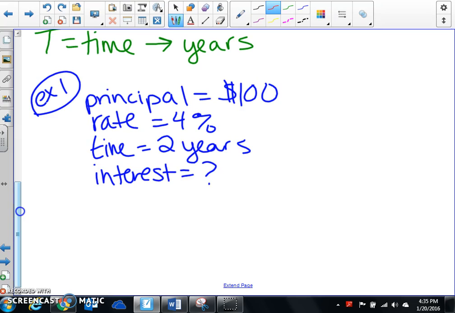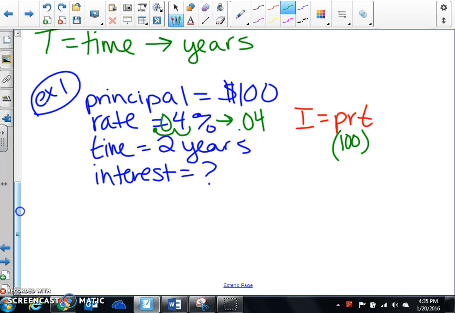So we take our I equals PRT. Our principal is in money, so we put 100. My rate, remember, I have to turn into a decimal, so I dip twice, so that is 0.04. And my time is in years, so I just plug in 2.